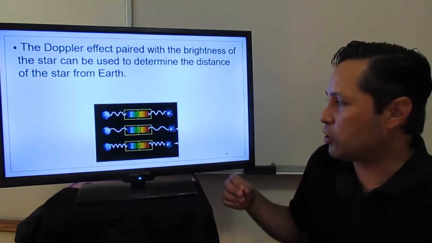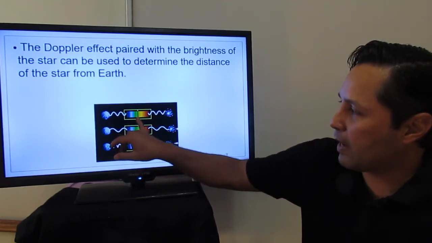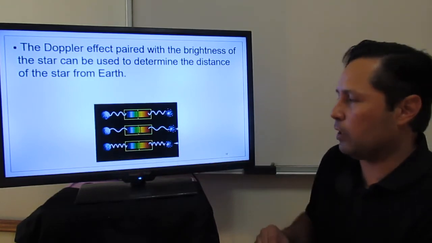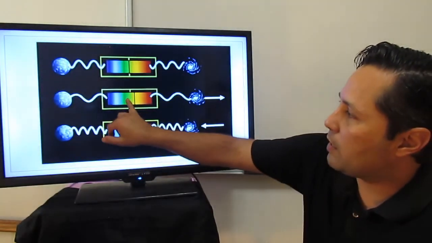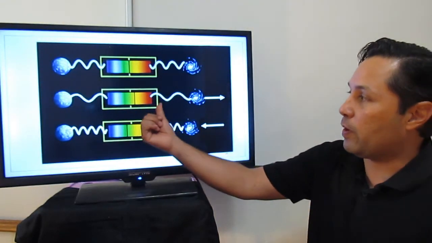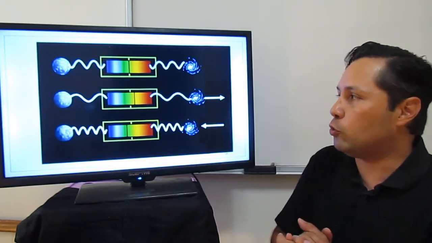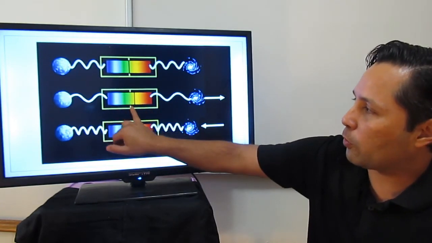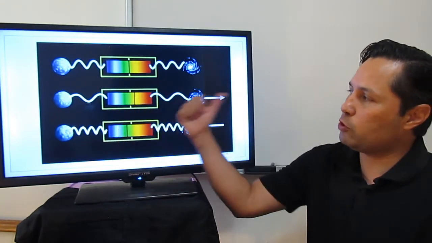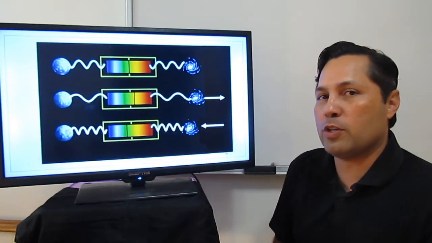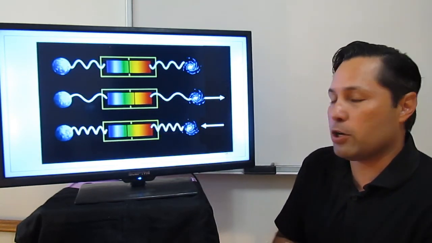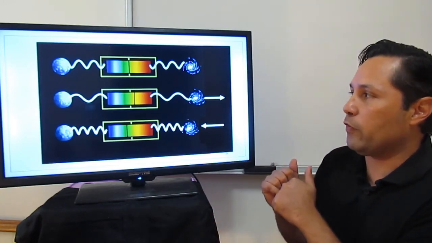It's going to go ahead and stretch it, and that will move that black line slightly over. Let me go to a bigger picture. Now it's going to move slightly over towards the red side. So if the galaxy or the star is moving away from us, you see it's no longer green, now it's yellow. So it moves closer to the red side. So it's referred to as a red shift. If a star is red shifting, it is moving away from us.